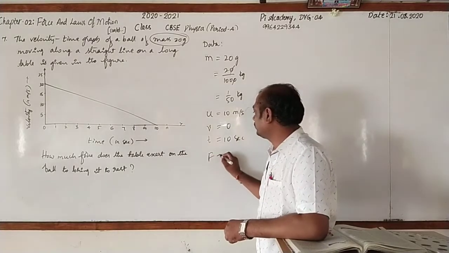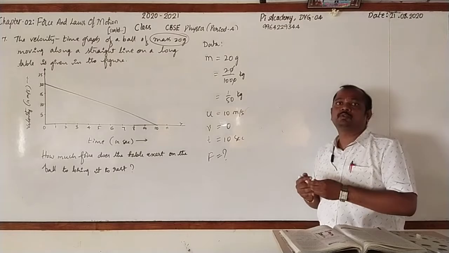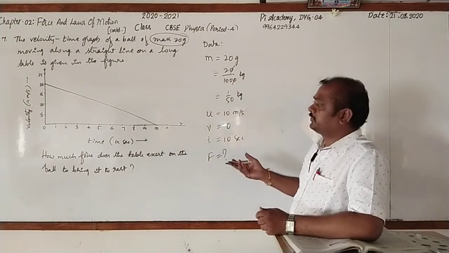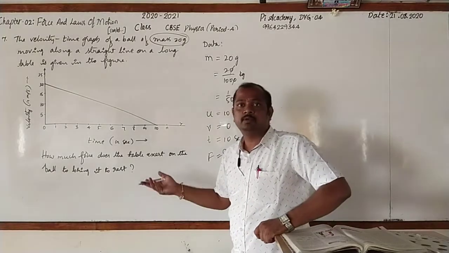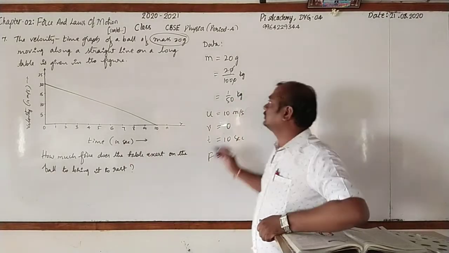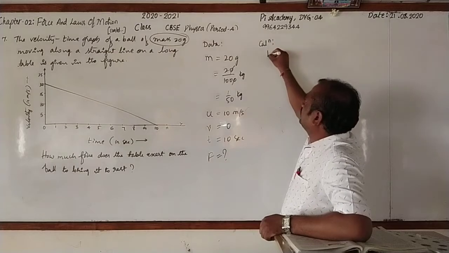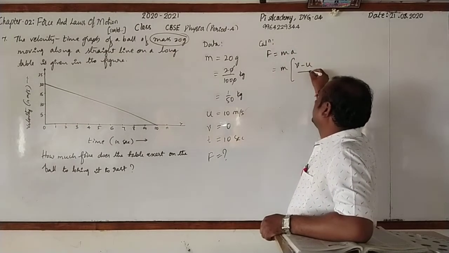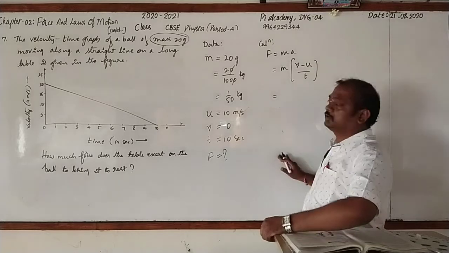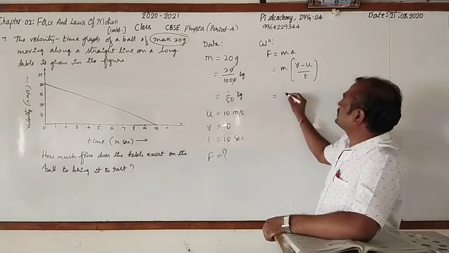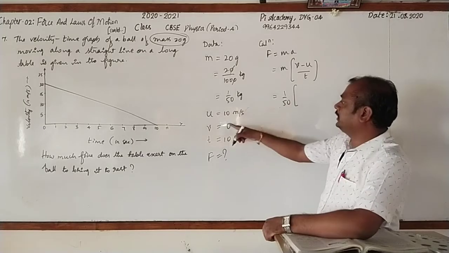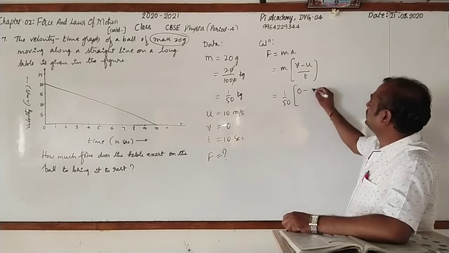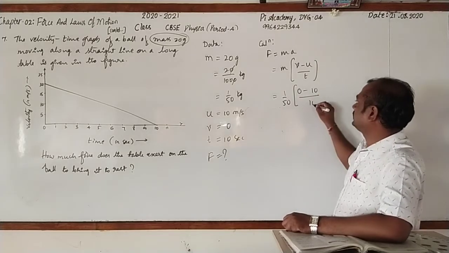You are going to find out the force, what amount of force has to be exerted, that means the frictional force exerted by the table to make the ball come to rest. Here I write F is equal to m into A, where A is V minus U by T. Where m is 1 by 50, V is 0 and U is 10, divided by time 10.